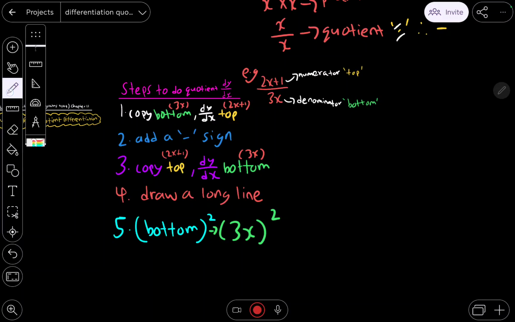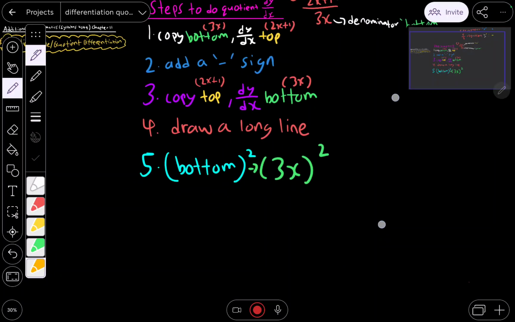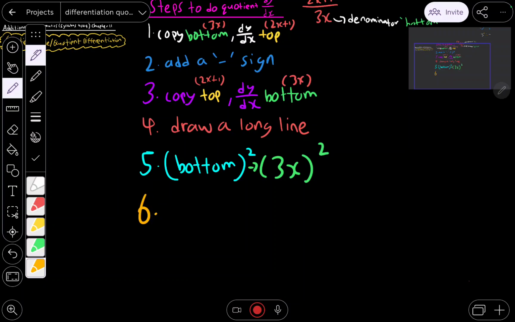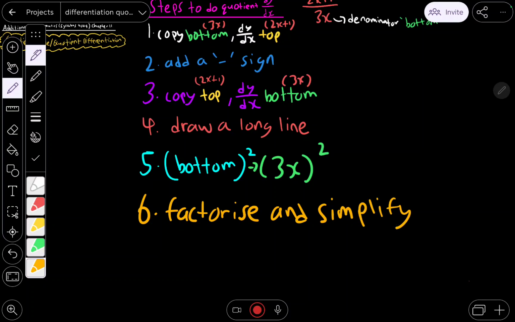And the 6th step, or the last one, honestly not really necessary, is to factorize and simplify. Just like in product rule, in quotient rule sometimes you can factorize and simplify and cancel, top and bottom.